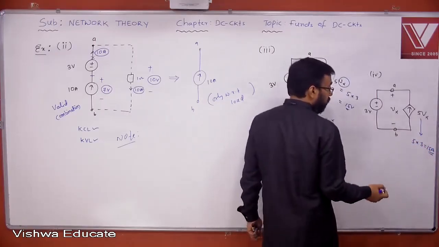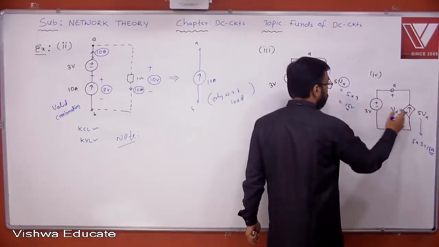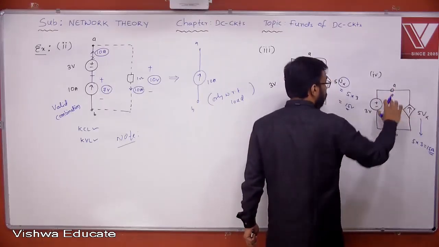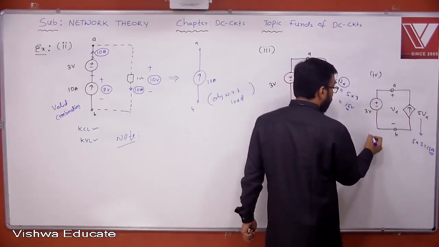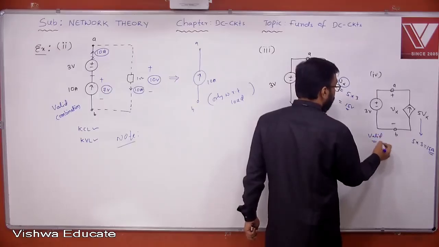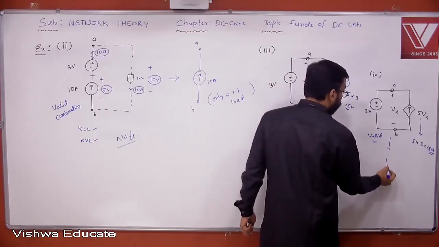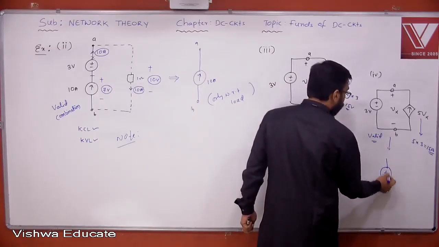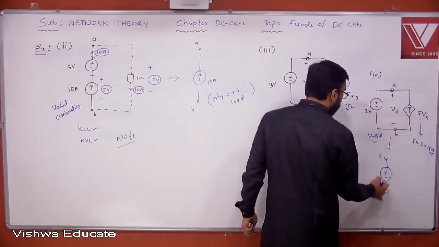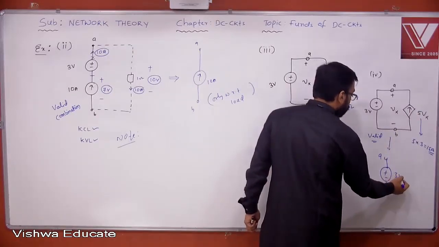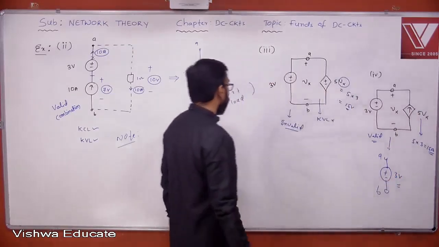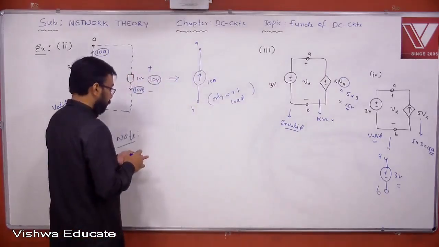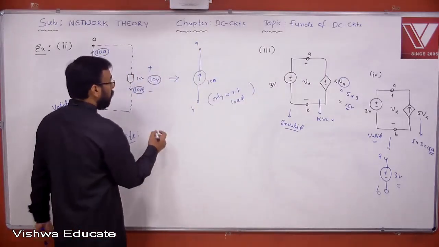There's no problem, right? If a voltage source and a current source are connected across each other with respect to AB terminals, it is valid, and the equivalent with respect to AB terminals is simply obtained by neglecting the current source, and this value is 3 volts. Fifth one.